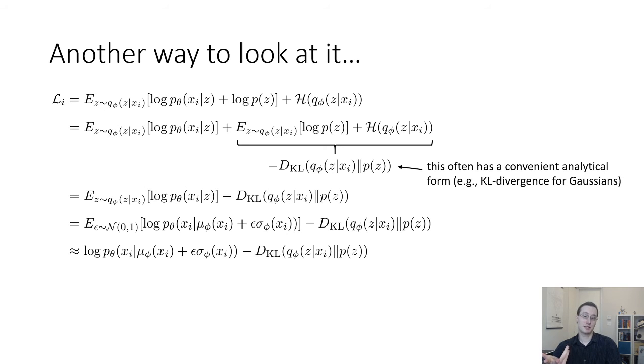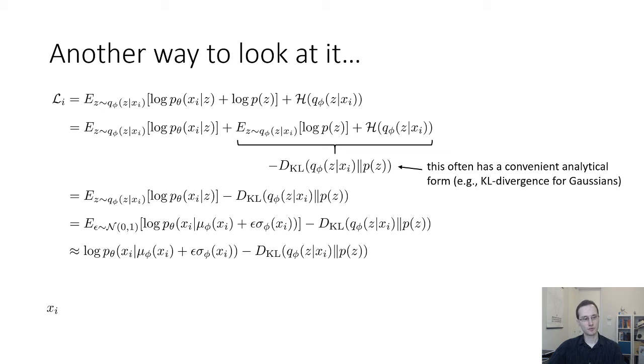And we can estimate this using just a single sample of epsilon, so it's a single sample estimate, by just plugging in that epsilon. And now this is an expression that we can just code up in TensorFlow or PyTorch, and it will calculate the derivatives for us, and that's it.